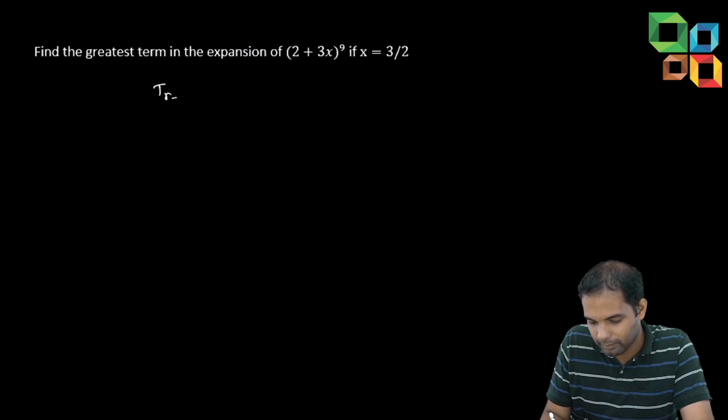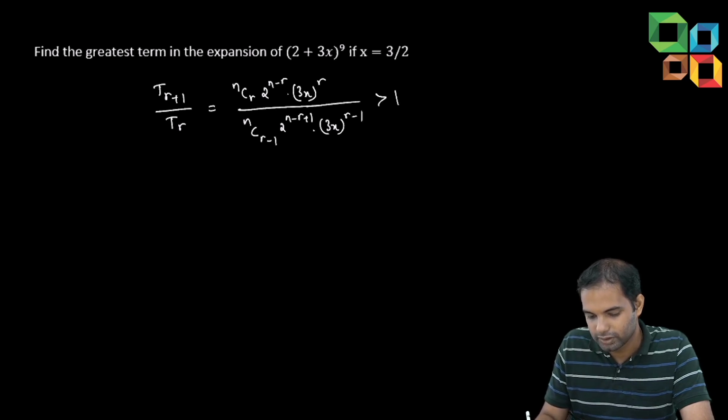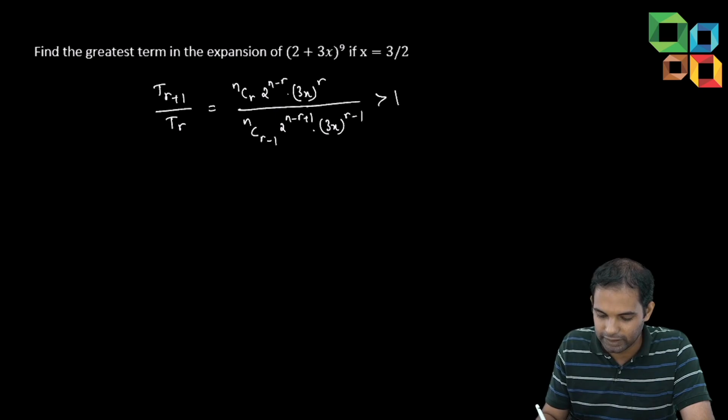So same method, T(r plus 1) by T(r), which is nC(r) into a power (n minus r) into b power r divided by nC(r minus 1) into a power (n minus r plus 1) into b power (r minus 1), with a being 2 and b being 3x. This should be greater than 1 because I want to find the greatest term. So this is the r I'm trying to figure out.